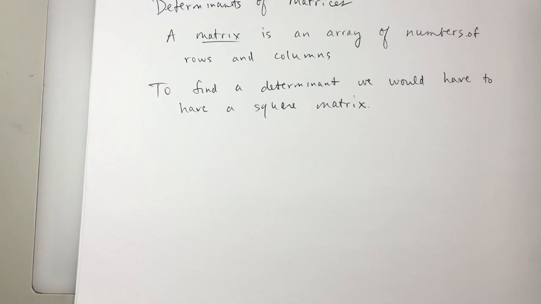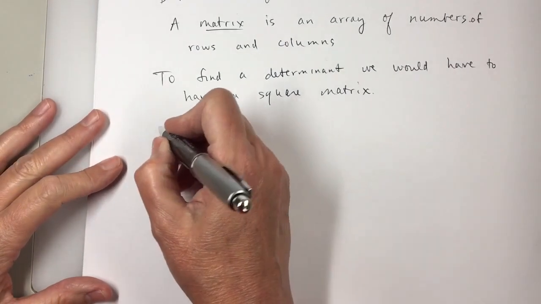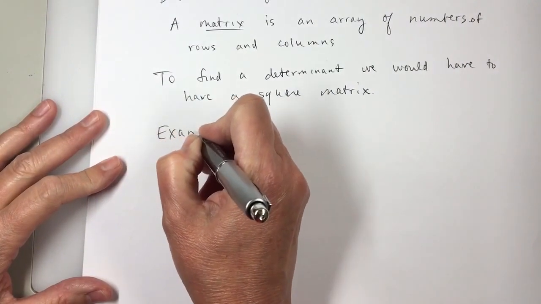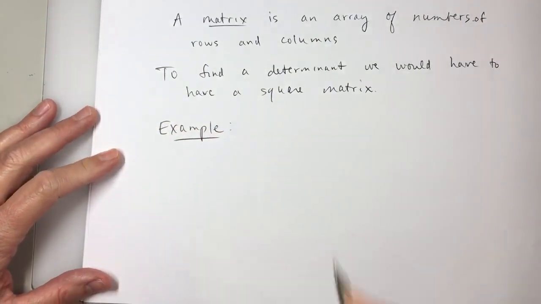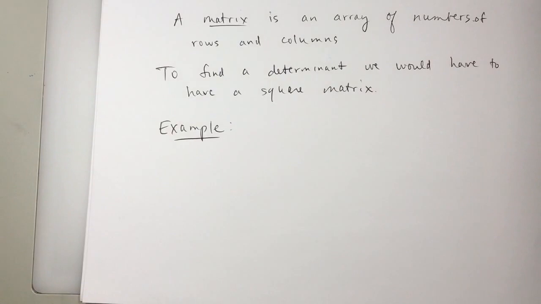That's the biggie. When you take linear algebra, they'll talk about a 4x4, a 5x5, and that sort of stuff. We're going to talk about 2x2. So I'll just give you an example, then I'll give you the formula for it.